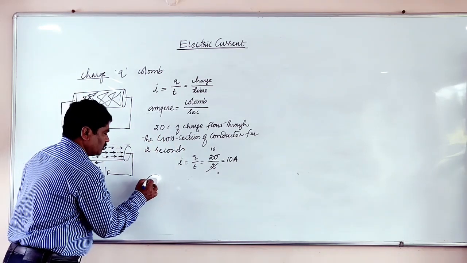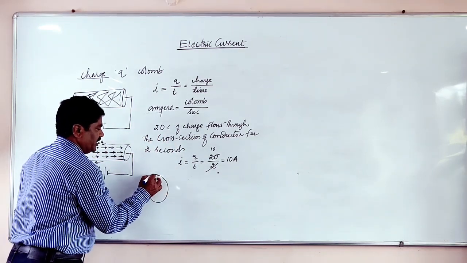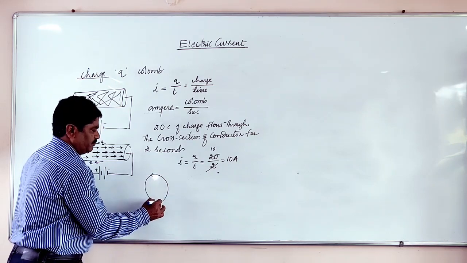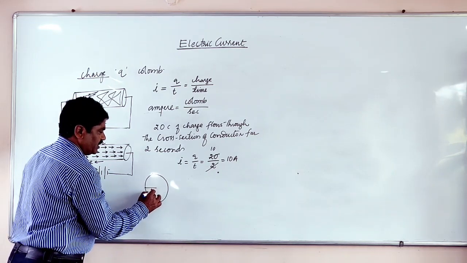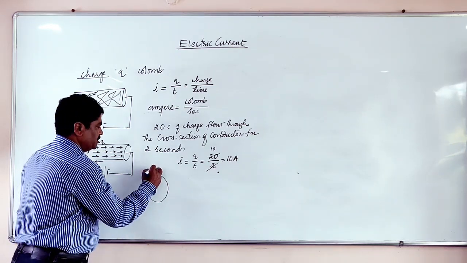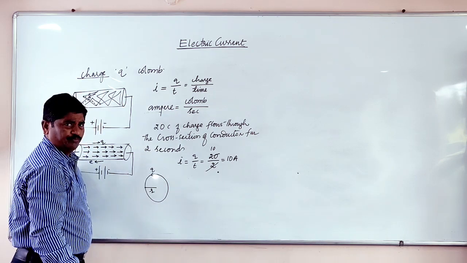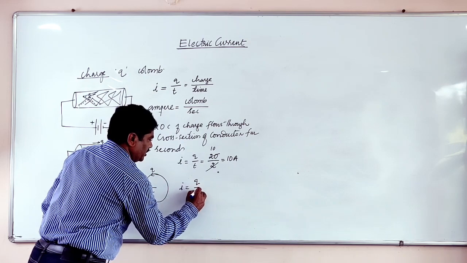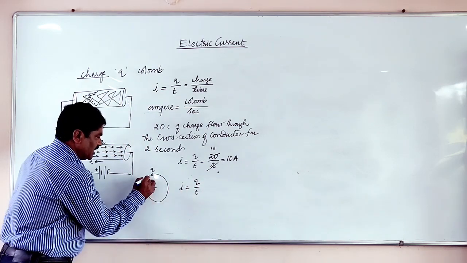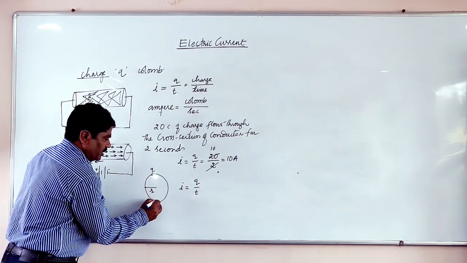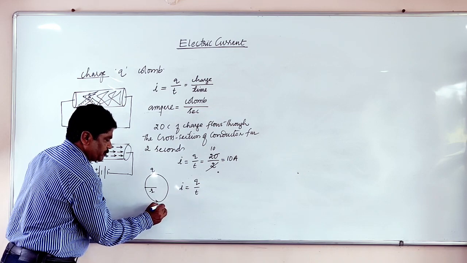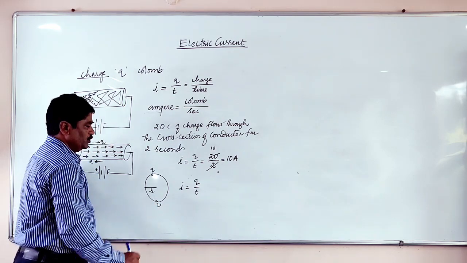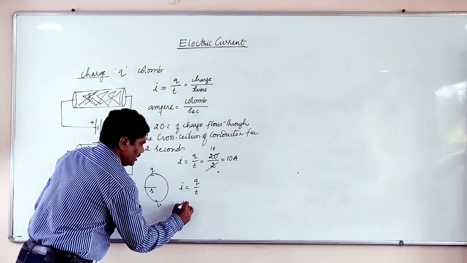But whenever an electron rotates in a circular path of radius r, the charge of the electron is Q. Now I = Q/t, but this electron is moving along the circular path with a speed v. So how can you calculate the current?